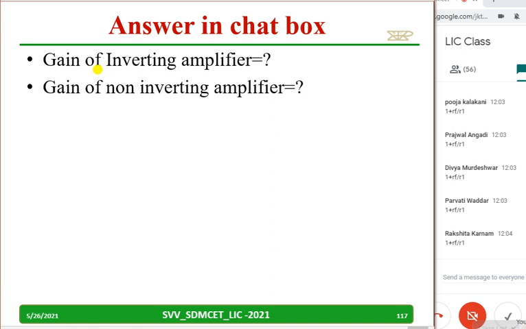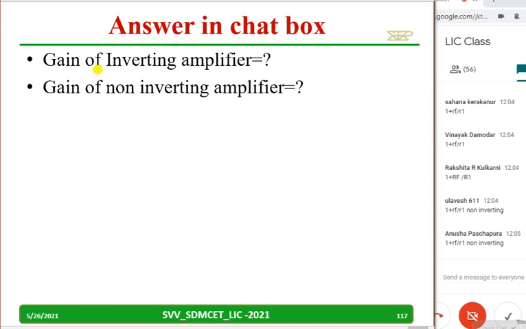What is the gain of the non-inverting? Anybody can type both together. Inverting amplifier and non-inverting amplifier I am asking, and you can type both. In the beginning, all of you told inverting amplifier is 1 plus RF by R1. Now I am asking non-inverting amplifier, what is the gain?